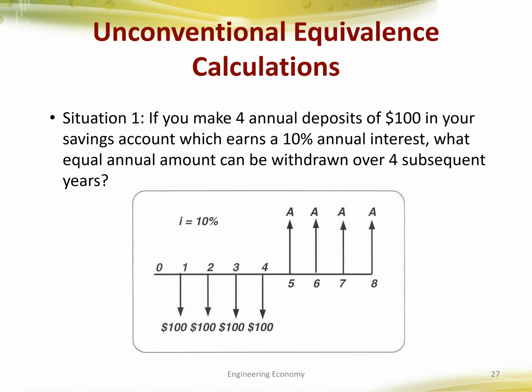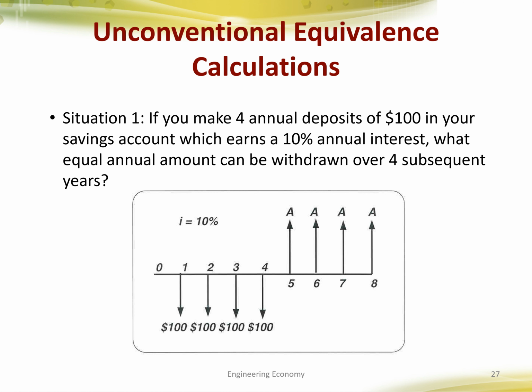Then when you want to withdraw them, you will withdraw in 4 different withdrawals, but at different times. Let's say these 4 withdrawals are all of the same value, A. So the question is, what should be the value of A?